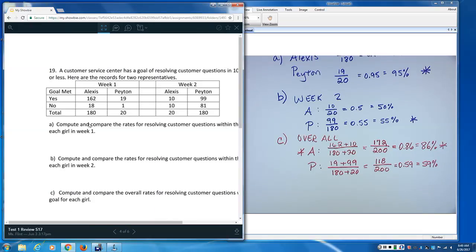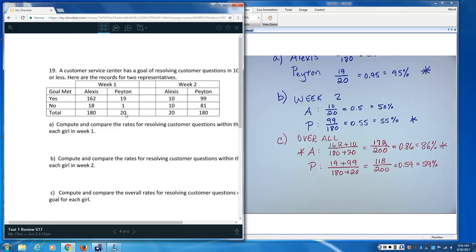Because your total sample in both weeks was 200, but if you compare the 2 sample sizes to the members that are in the sample, you're giving too much weight to that one. You're giving that Peyton had. And in the second week, Peyton's was a little bit more even.